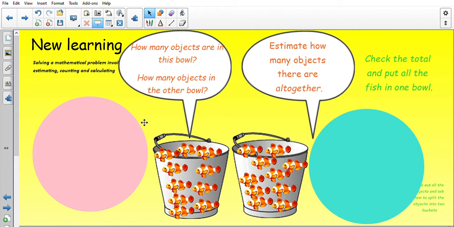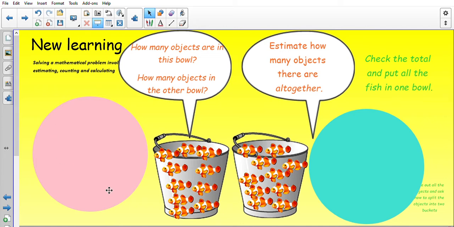We think made 20. Should we count them to check? 1, 2, 3, 4, 5, 6, 7, 8, 9, 10, 11, 12, 13, 14, 15, 16, 17, 18, 19, 20. Well done.